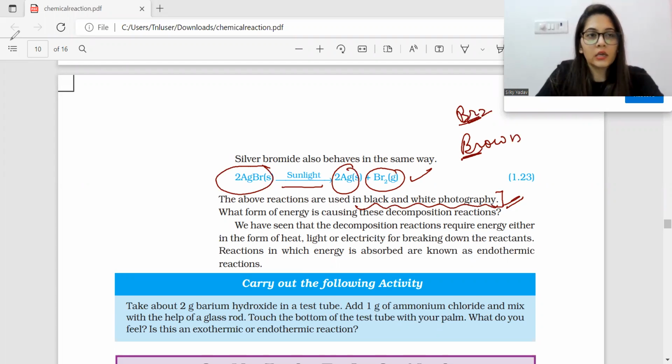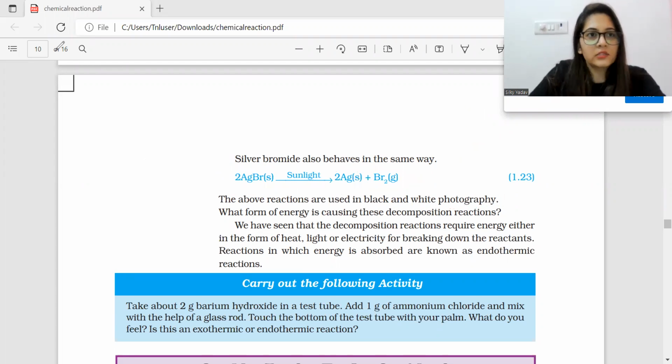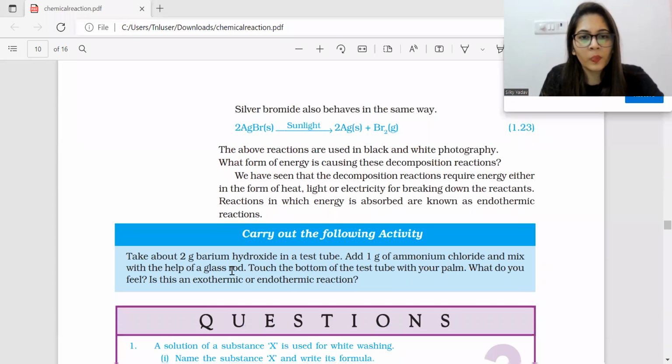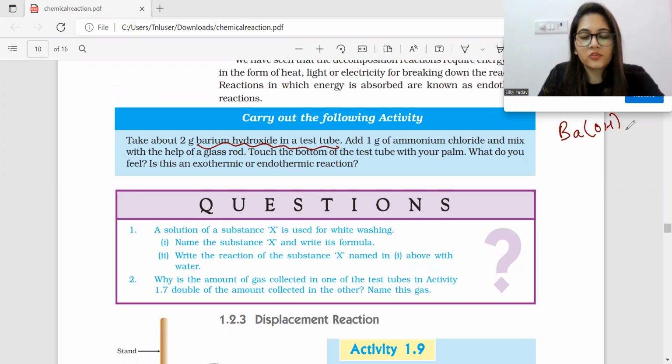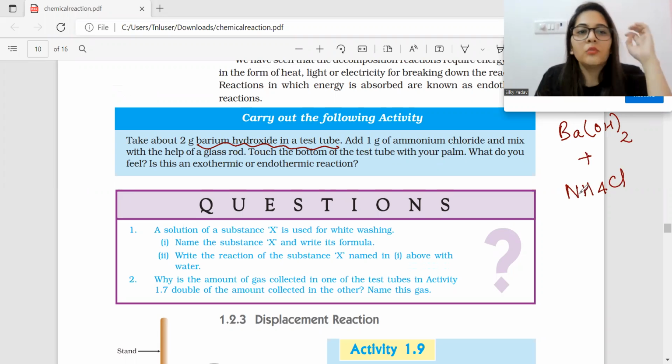Now, let's see another part of this. Let's do another one, where we take about 2 grams of barium hydroxide in a test tube. Barium is Ba and hydroxide is OH. We are taking this in a test tube, and to this we are adding ammonium chloride. Now mix with the help of a glass rod. Now touch the bottom of the test tube with your palm.